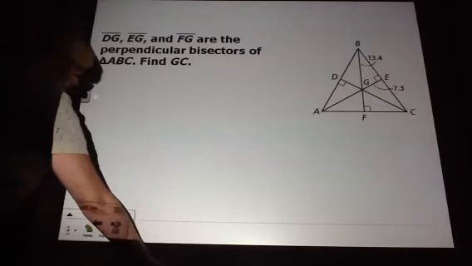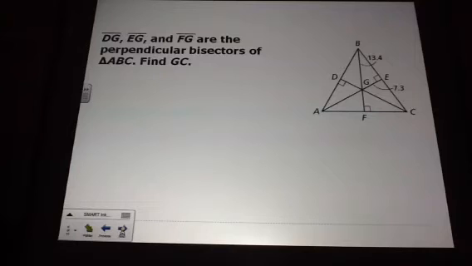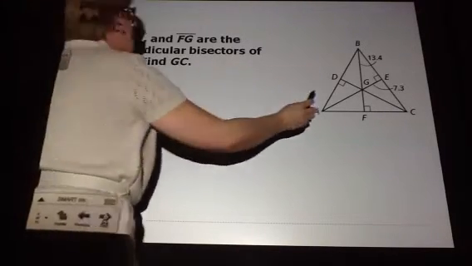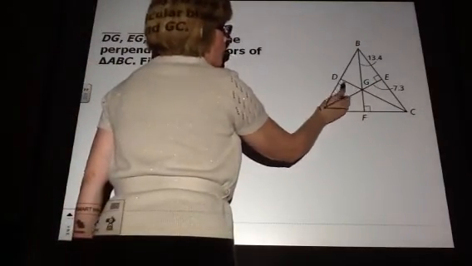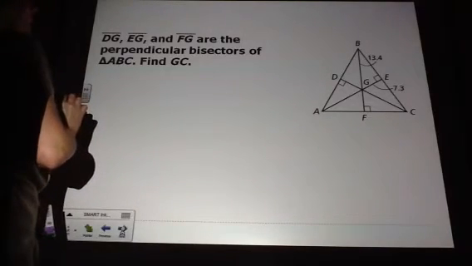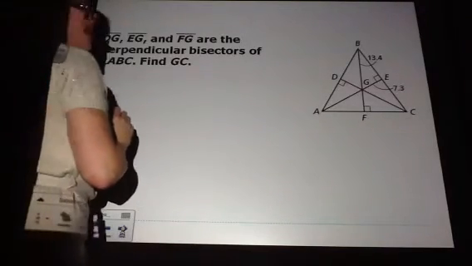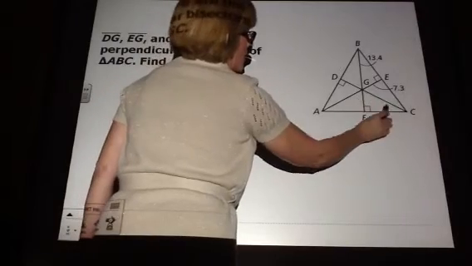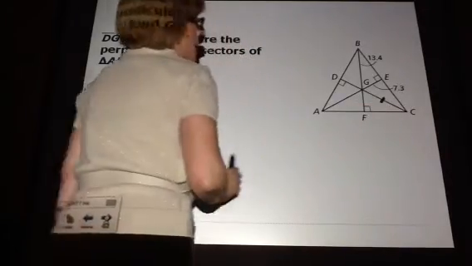Okay, so let's apply this. DG, EG, and FG are perpendicular bisectors. Okay, so perpendicular bisector, perpendicular bisector, perpendicular bisector. Find GC. So we're looking for this segment right here.